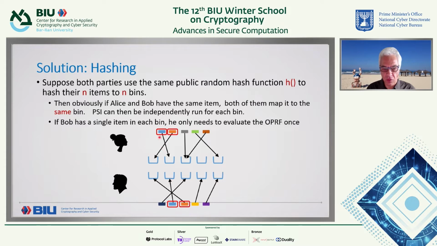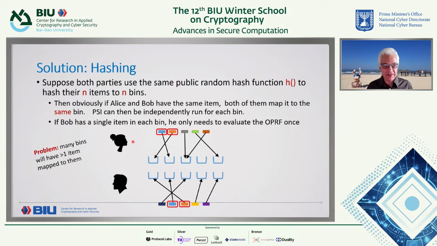Therefore, what they have to do is to run an independent PSI for each bin. One PSI here, one PSI here, etc. So we end up with many small PSI problems, like n PSI problems. And if luckily Bob only has a single item in each bin, he only needs to evaluate the OPRF once, not more than once. Then we can use these very efficient OPRFs.